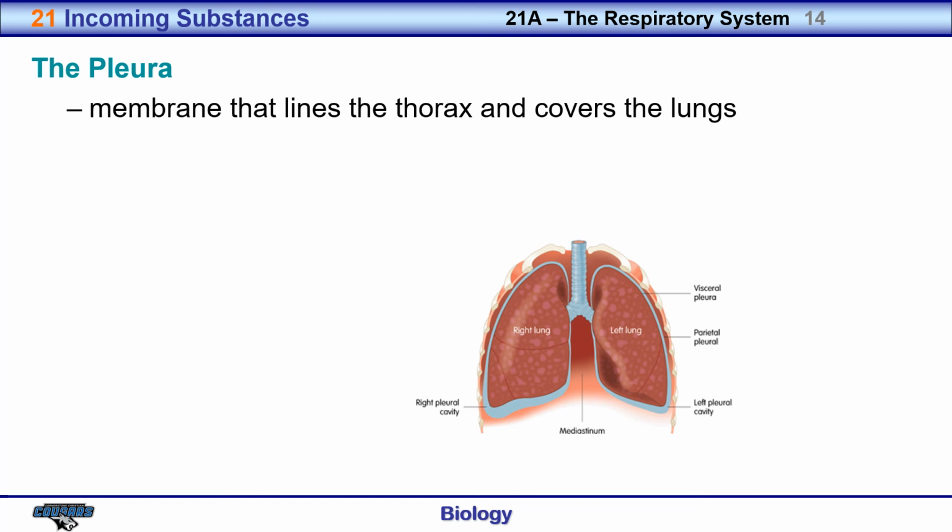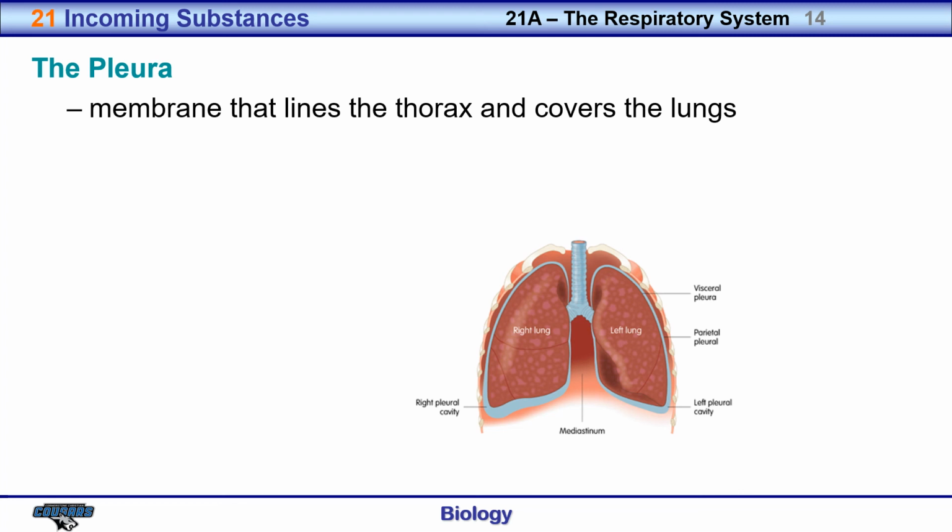So there's actually two layers, and in between these two layers we call it the pleural space, and the pleural space is filled with a fluid, a pleural fluid we call it, and it lubricates these two membranes so that they don't rub on each other as you inhale and exhale, which would make it very painful when you're breathing.